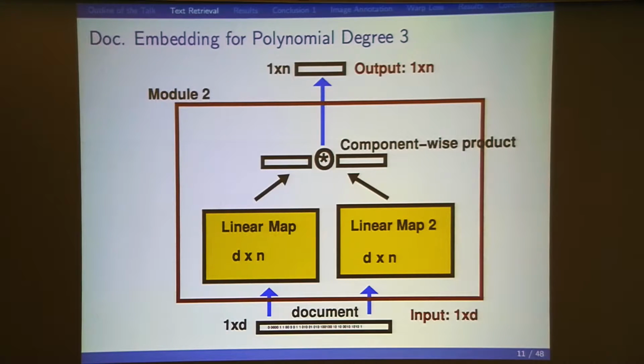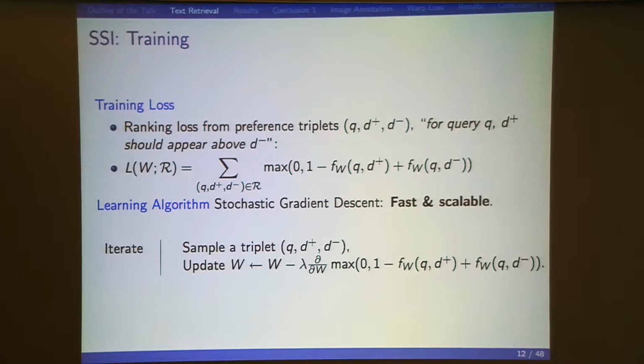If that thing has two linear maps, that would be the V and the Y matrices, and then you do a component-wise product on the output, the embedding vector for the document, that gives you the extra power of the three-way interactions. So it's just a little bit more complicated network. And that's our models.